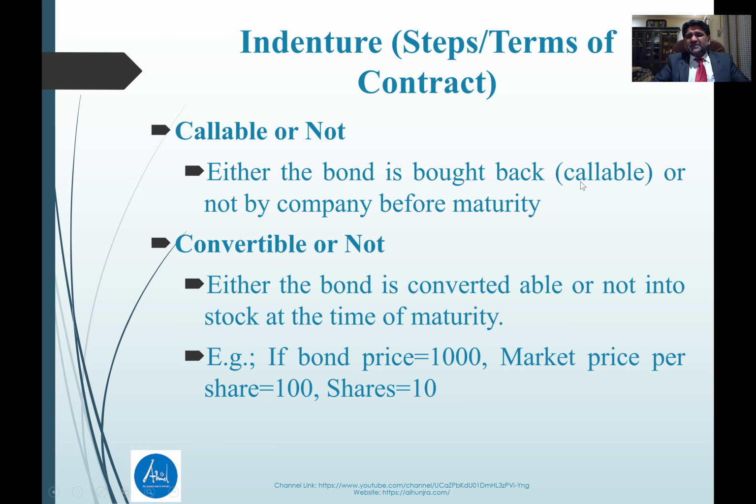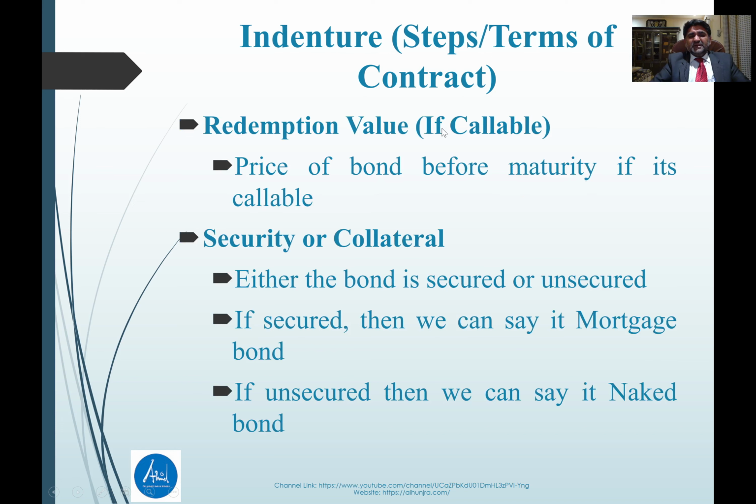If it is bought back, that is called callable. If it's callable, there is a redemption value. What is redemption? The price of the bond before maturity if it's callable. If it's not callable, obviously at the time of maturity the bondholder will receive the face value.